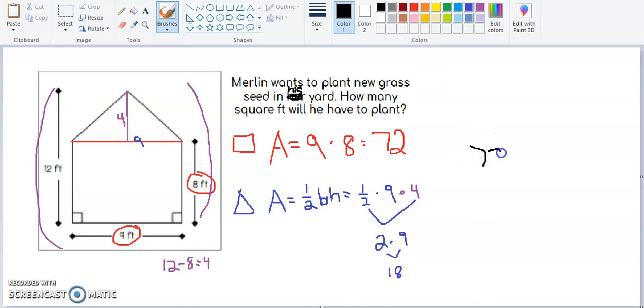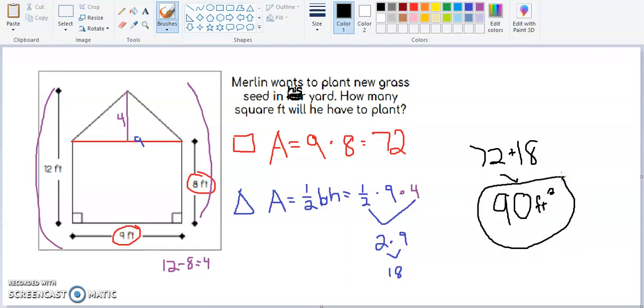So 72 plus 18 is going to get me 90. And of course, it's a story problem, and they gave me units. I have to put my labels. Feet squared. And that is how many square feet Merlyn is going to have to plant.